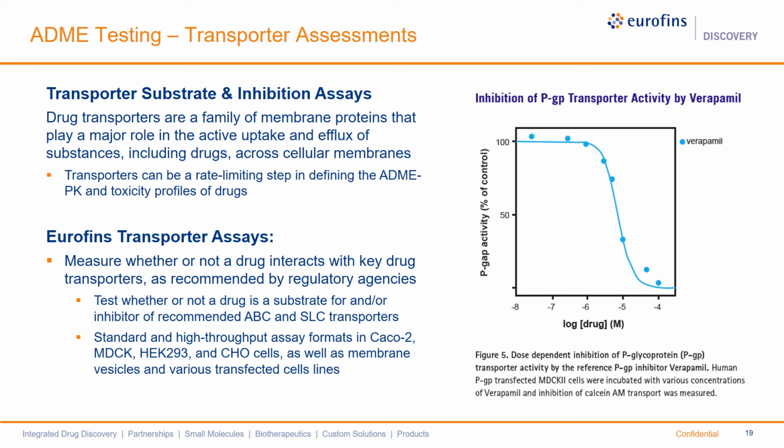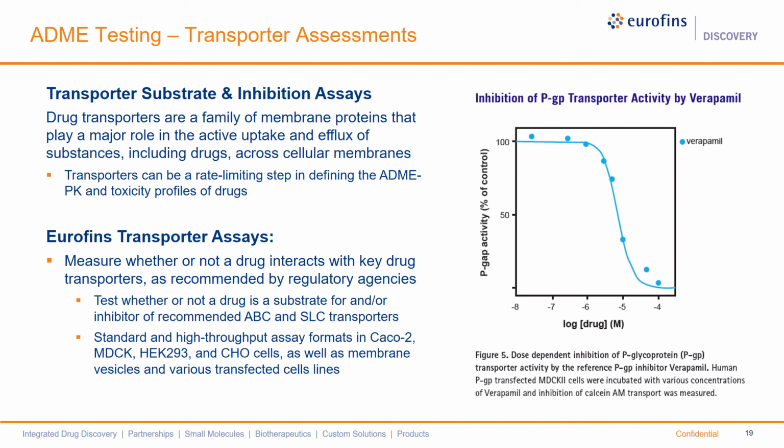So a drug may be a substrate for a particular transporter, and that can obviously affect the uptake or the efflux of that drug into or out of a cell respectively. But it can also result in toxicity by modulating the effect of those transporters that could affect other drugs as well.